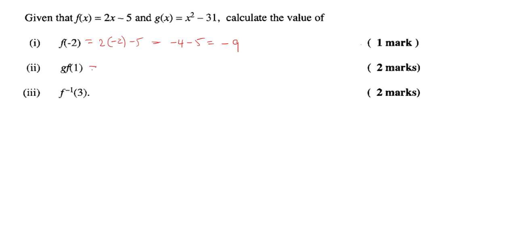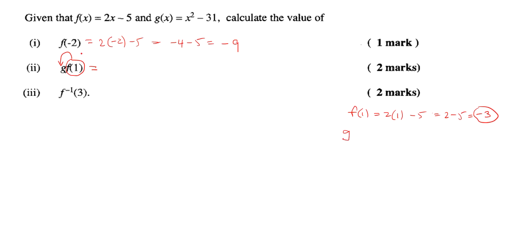Now we want to find g f of 1, so we have to find f of 1 first and then substitute it into g. So f of 1 will be equal to 2 by 1 minus 5, which is equal to 2 minus 5, which is equal to minus 3. Now we're going to take the answer we get here and substitute it into the function g.